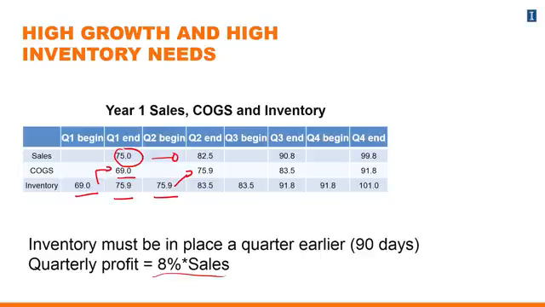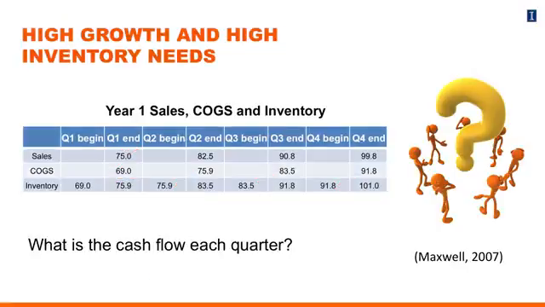That number is the cost of the goods that they are going to sell at the end of the second quarter. So that's the situation in this company. Every quarter, if you look at this model here, at the beginning of the quarter, they have to have the amount of goods in inventory ready to sell for the end of the quarter.